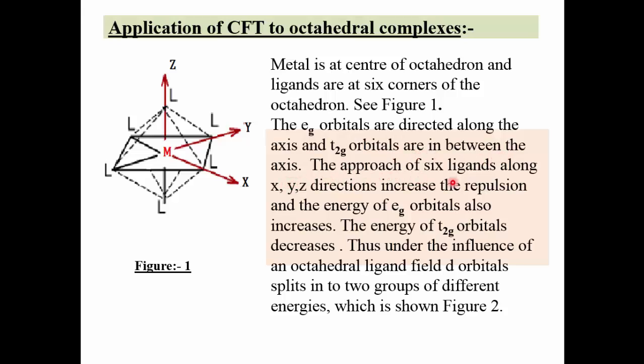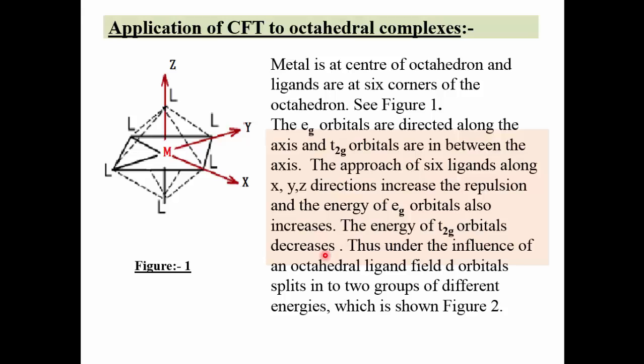The approach of 6 ligands along the x, y, z directions increases the repulsion, and hence the energy of Eg orbitals also increases and the energy of T2g orbitals decreases. This is very important.